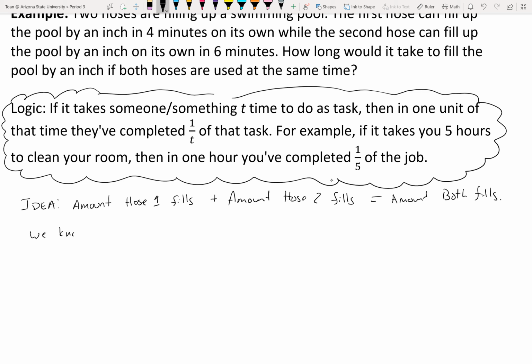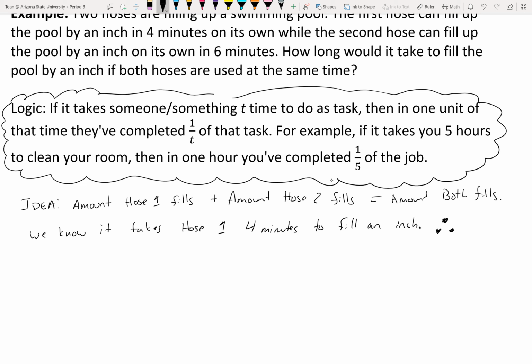We know it takes hose 1, what was it, 4 minutes to fill an inch. Therefore, let's apply this logic.